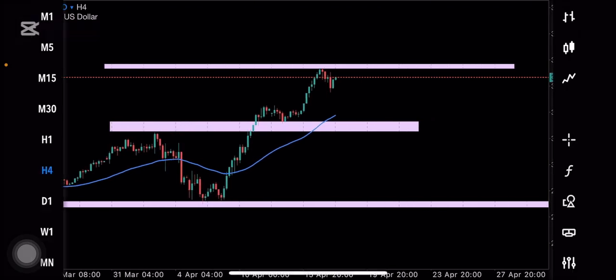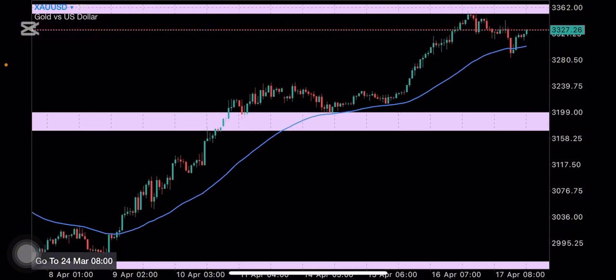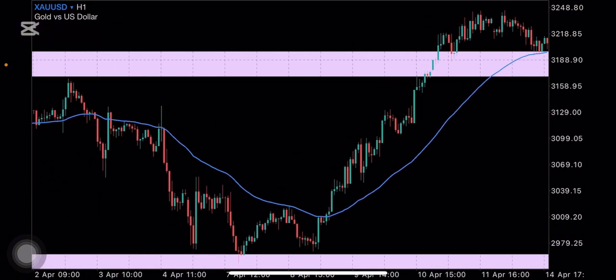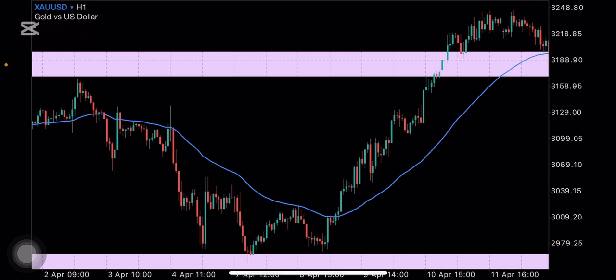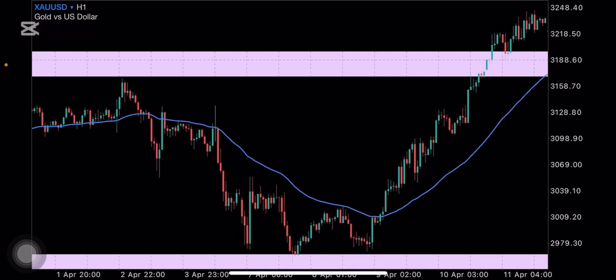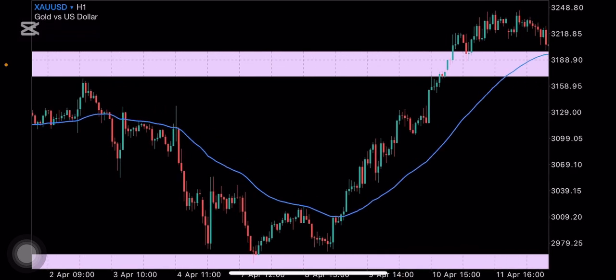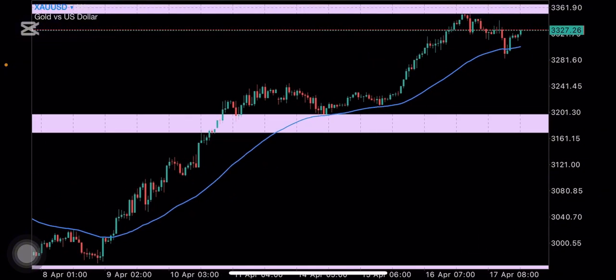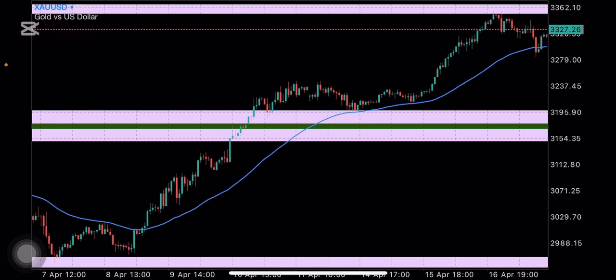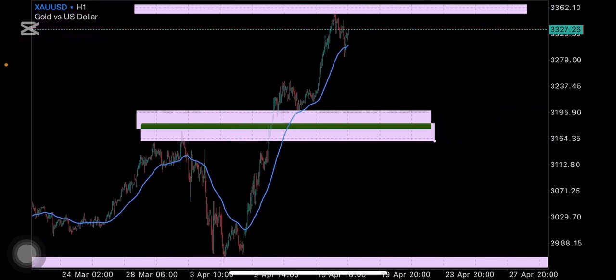So if we go to H1, let's see if there's anything we can see there. There's really nothing much, but we can see here this previous one, just for the purpose of the lesson. Let me mark it and use it to pass across what I want to say.